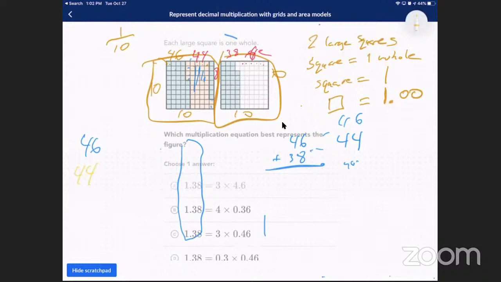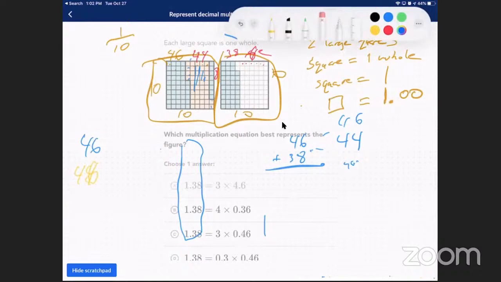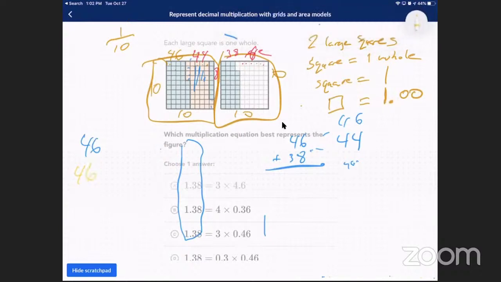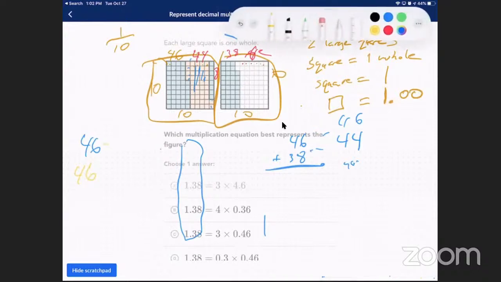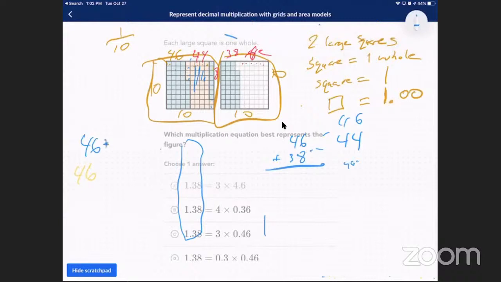This is 40, 44. This is actually 46. And then we have here would be 8. So then we can add this to 8. I'll leave that alone. So 46 plus 8 would be 54. And then you have 46 plus that would be 100.